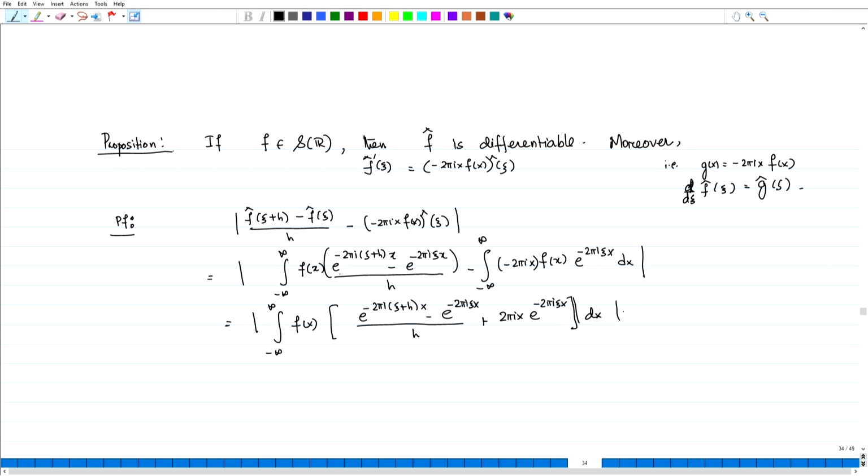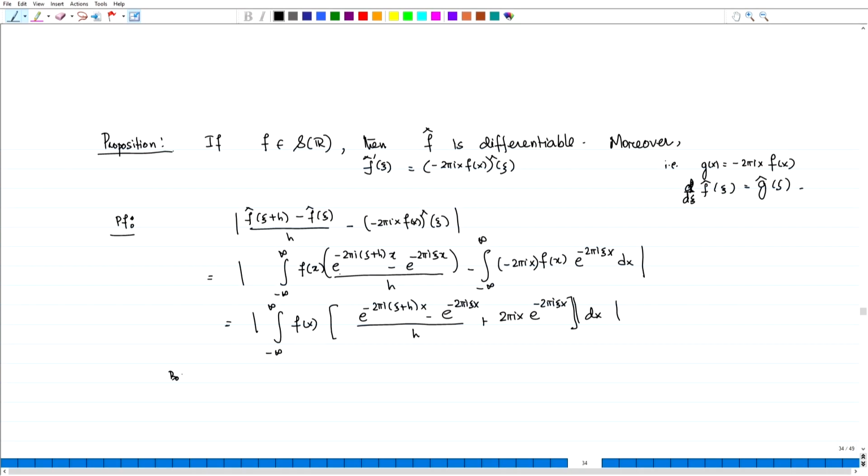Now, as you can see, because f(x) and x f(x) are integrable functions, they are in Schwartz space, both x f and f belong to Schwartz space.